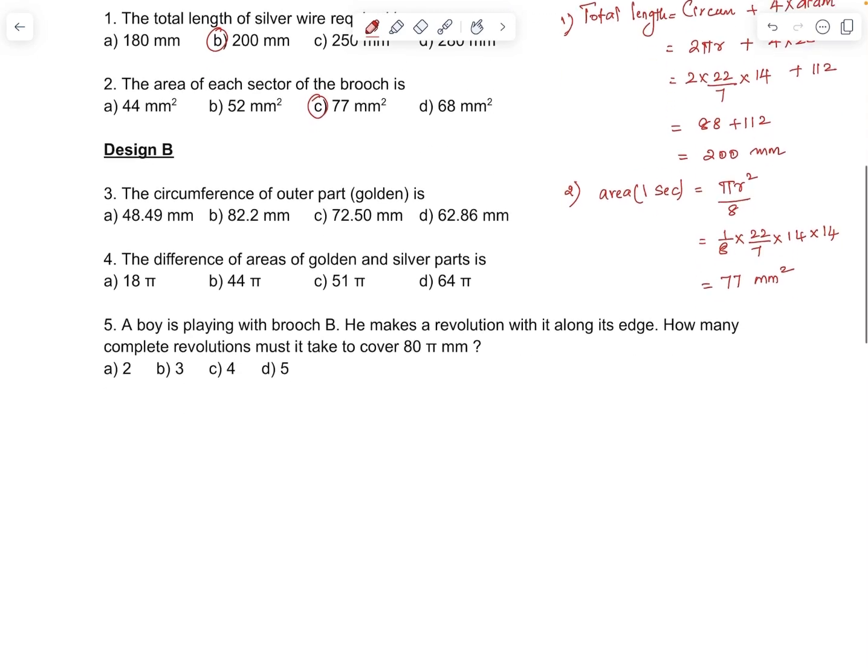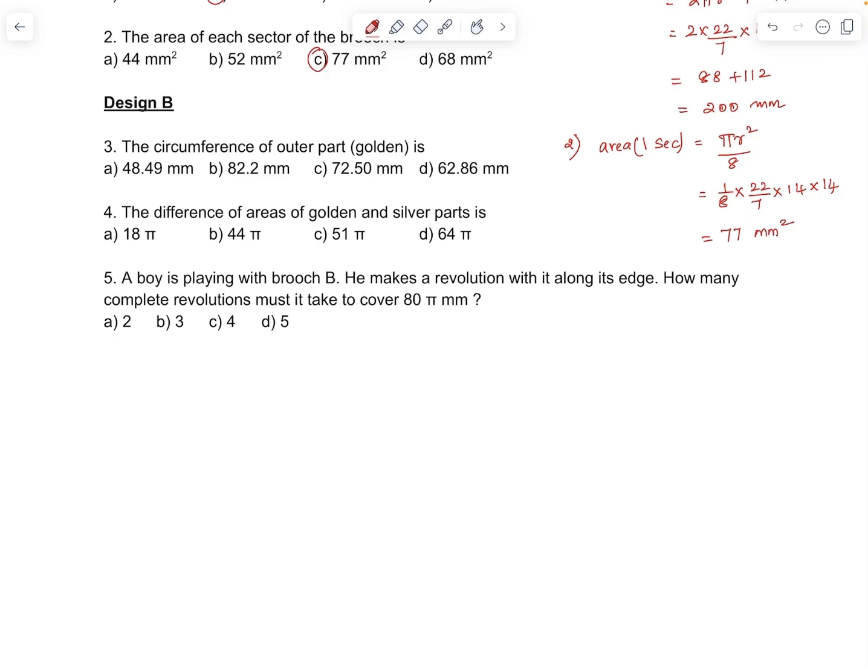Questions 3, 4, 5 are based on design B. Question 3. The circumference of the outer part is. The inner part radius is smaller, and the outer part's radius, let it be capital R. But as far as the inner circle is concerned, we know the circumference.